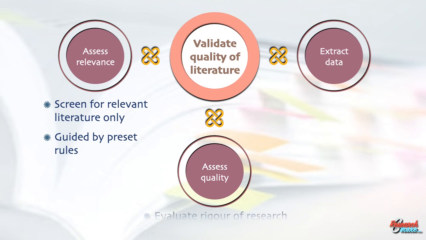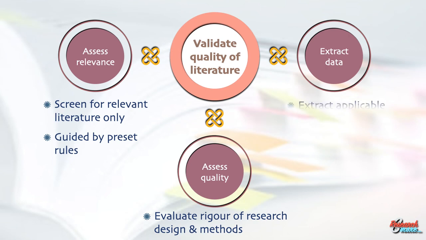To assess the quality of selected literature, we evaluate the rigor of the research design and methods. We do this to determine whether or not the differences in quality may affect the conclusions or guide how they analyze the data and interpret the findings.